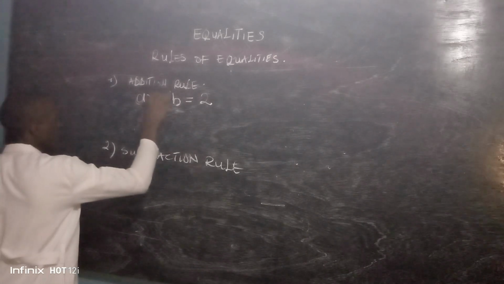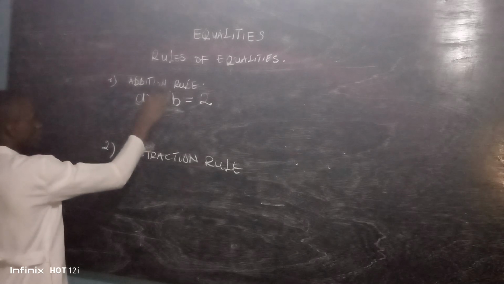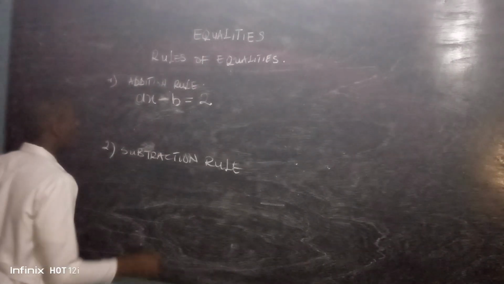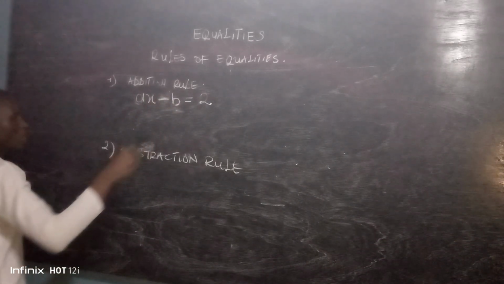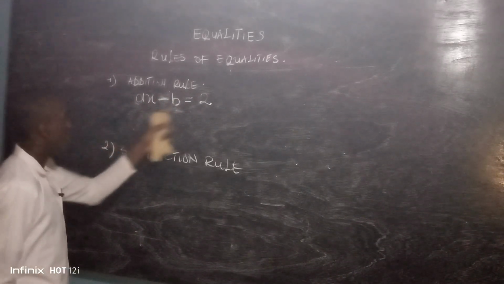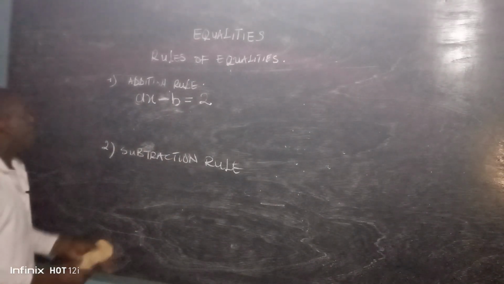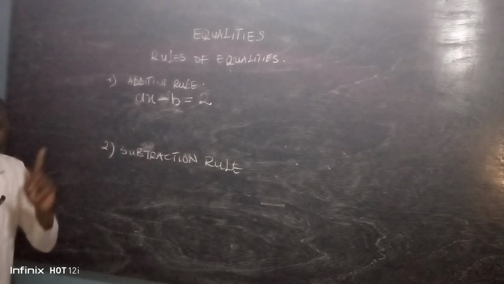Whenever we want to move a term to the other side of the equation and the term is negative, you add the corresponding positive term. That's why the addition rule and subtraction rule go together when you are solving an equation.